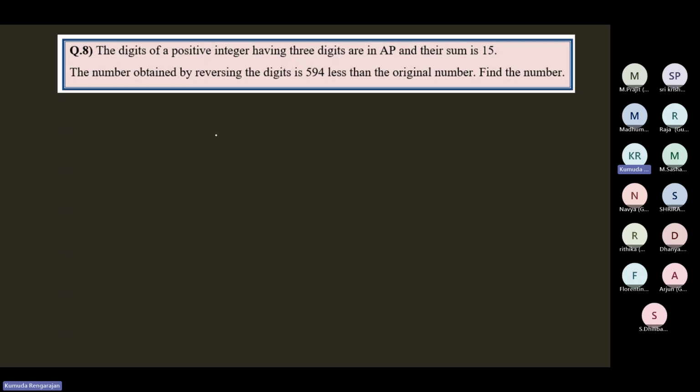So whenever we have to assume 3 numbers that are in AP, here the numbers are the digits. When you have to assume exactly 3 numbers in AP, then we go with the assumption A minus D, A and A plus D. So ones, tens, hundreds.